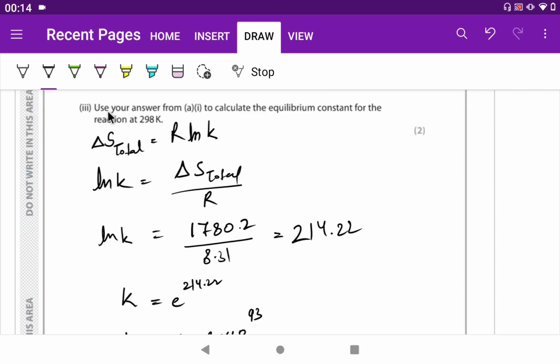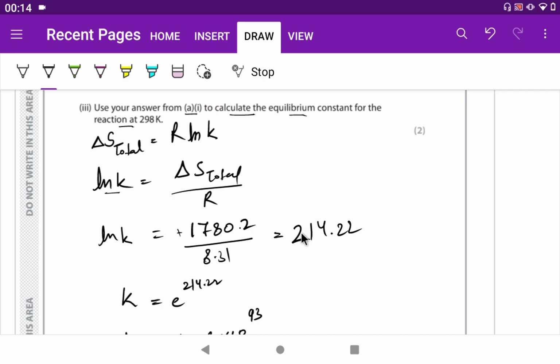Now use your answer from part A1 to calculate the equilibrium constant for the reaction at this temperature. So total entropy is equal to R ln K. So ln K is equal to delta S total upon R, and as we calculated, 1780.2 divided by 8.31 in joules.